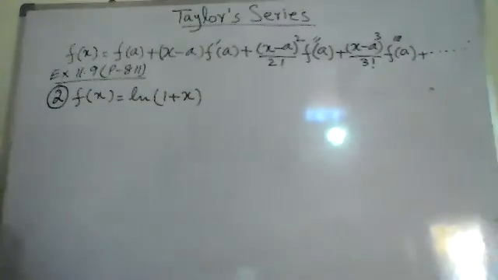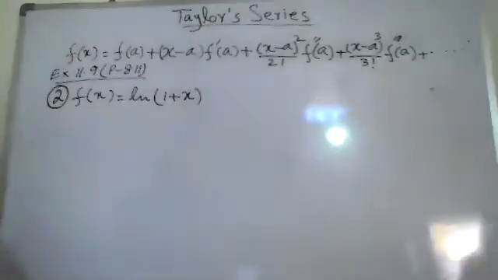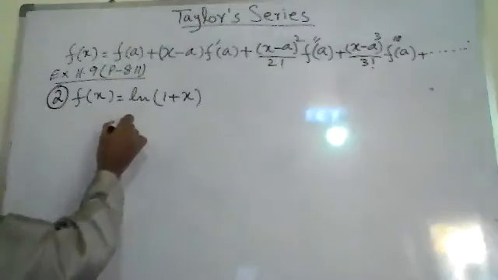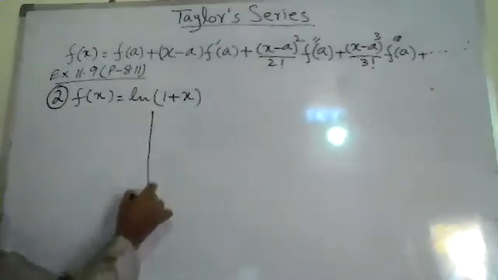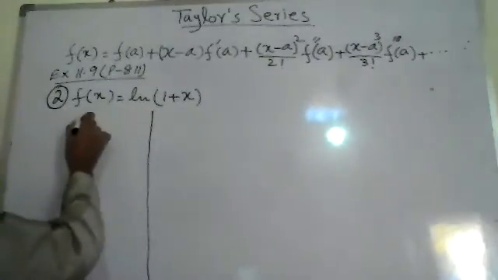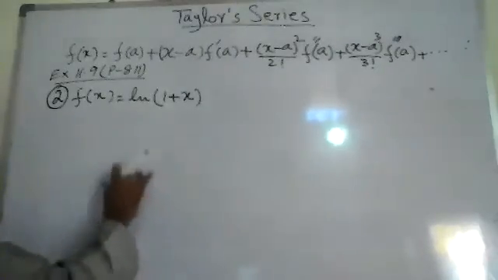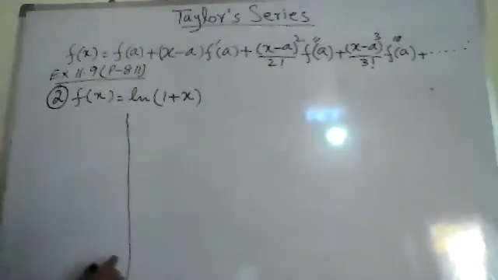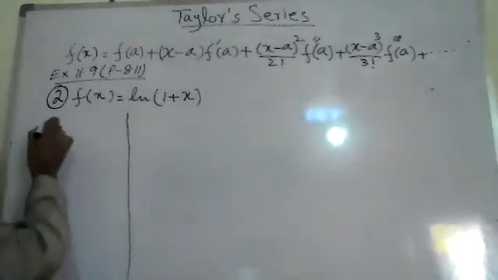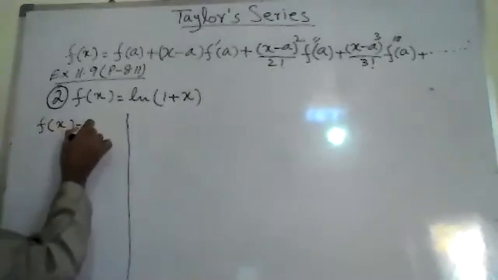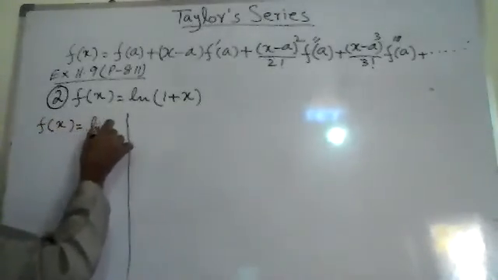f of x is equal to ln 1 plus x. We'll make the two columns. One will be f of x is equal to ln 1 plus x.